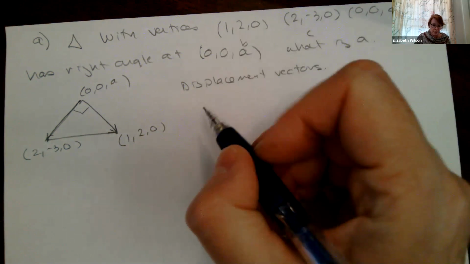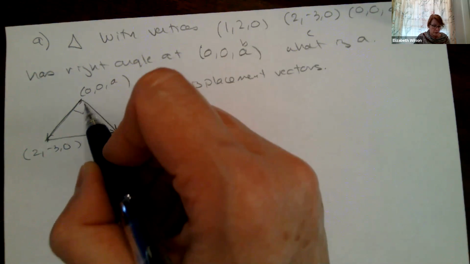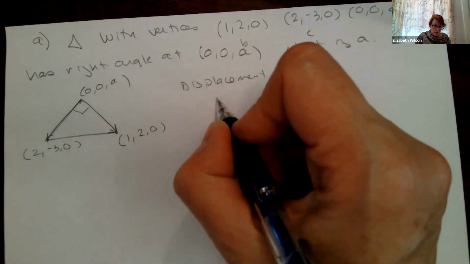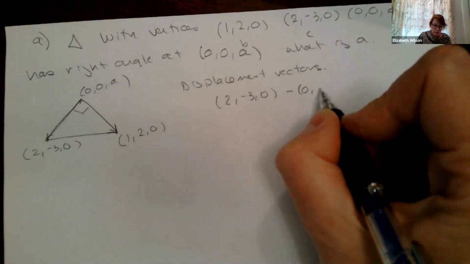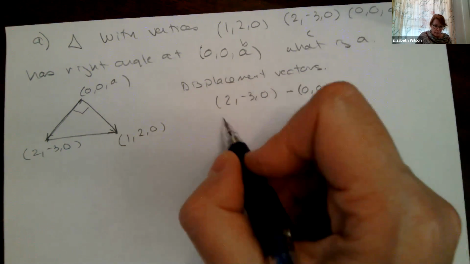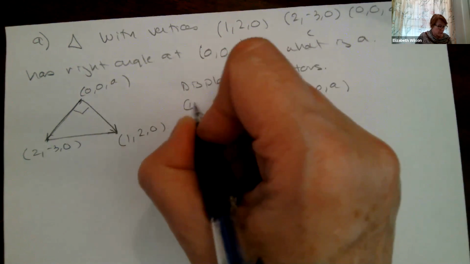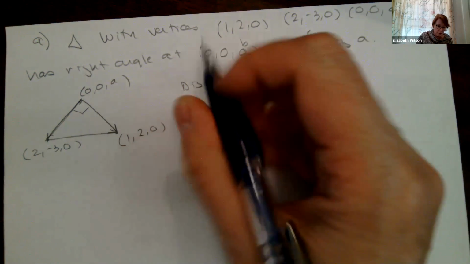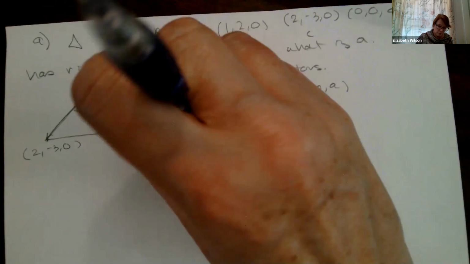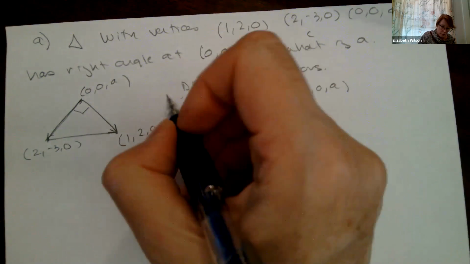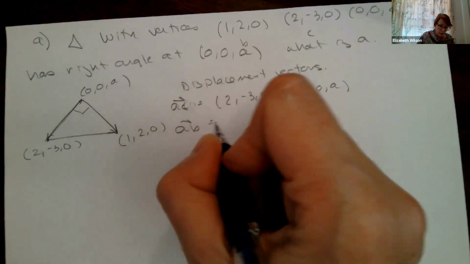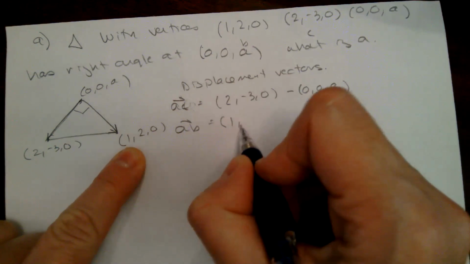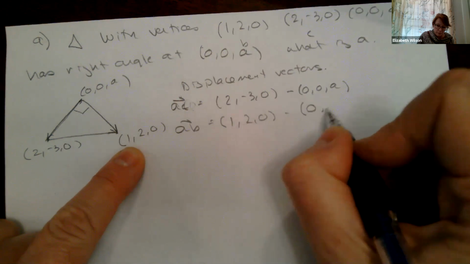So a displacement vector is terminal minus initial: (2, -3, 0) minus (0, 0, A). This is my first displacement vector, I'll call that AC. And then we'll call the other AB, again terminal minus initial.